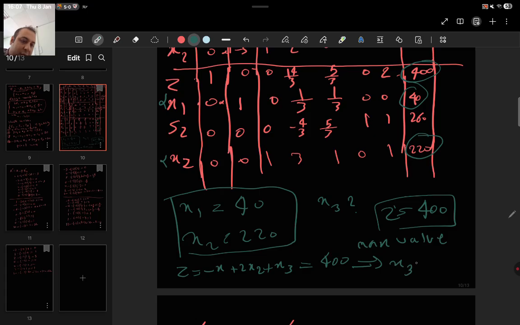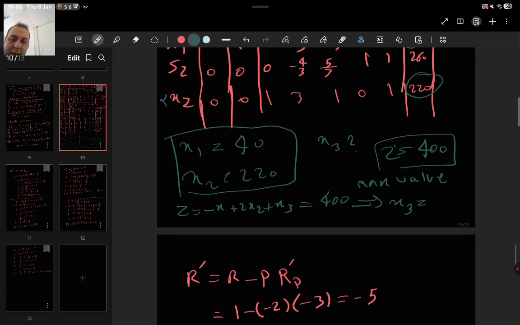We can find x3: minus 40 plus 2 times 220 plus x3 equal to 400. x3 is equal to 0.